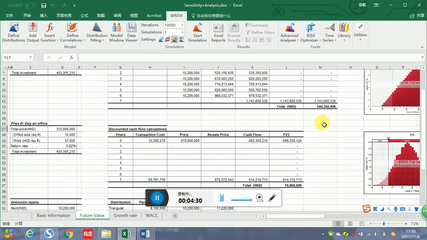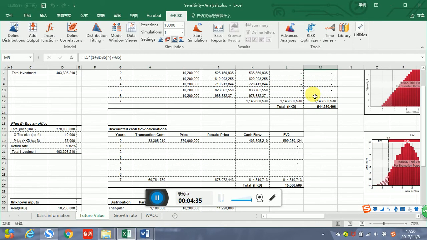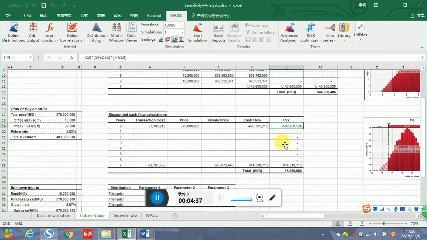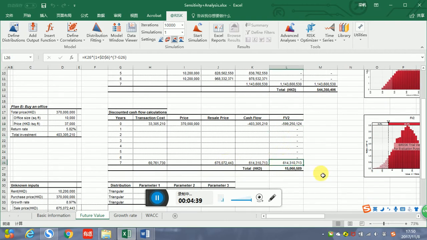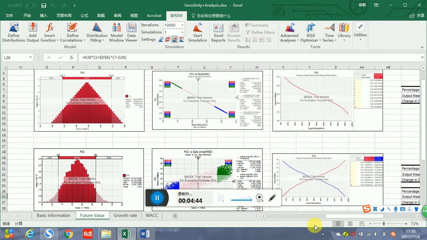It is clearly due to the formula itself, like this is -1, this is also negative, but this is positive. So it is reasonable to find these results.